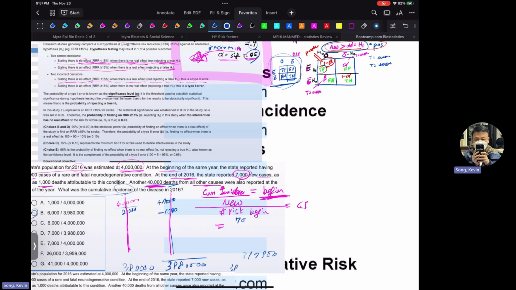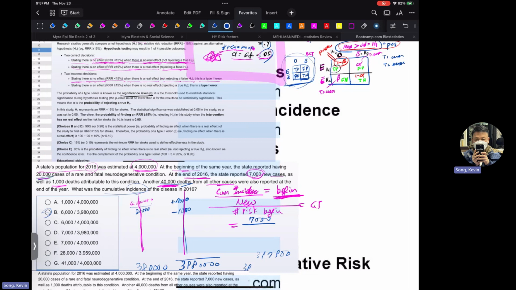So 7,000 over the people at risk, which is 4 million, but 20,000 people already have it, so you have to remove those people. So 4 million minus 20,000 will be 3,980,000. This is the correct answer. That's the cumulative incidence.